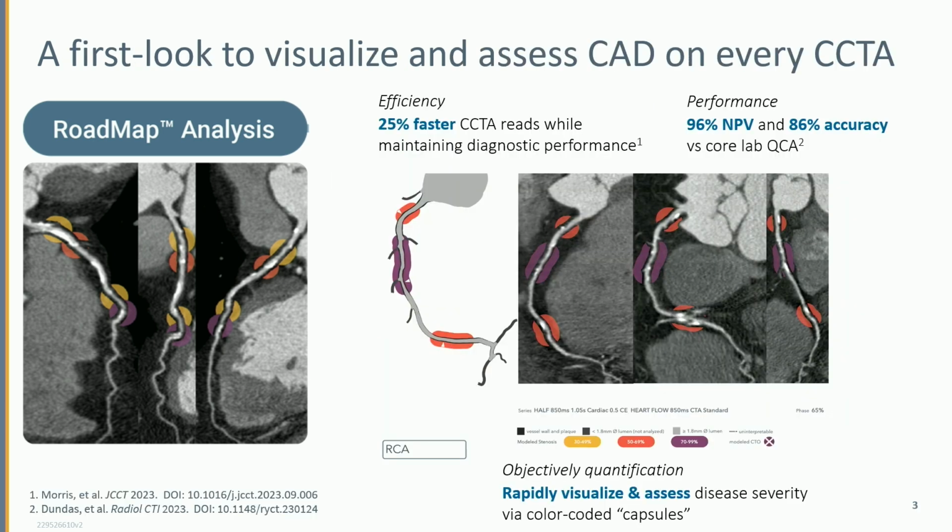So, a first look at how stenosis severity can be assessed. This is how I look at it, so maybe it's kind of weird, because I always have a tendency to look at things differently, as most of my work colleagues tell me. But if you had a tool that could automate your assessment and give you a better understanding of stenosis, what would it do for you? Well, it would create efficiencies in the interpretation, but most importantly, it would allow you to think about guiding management of these patients.